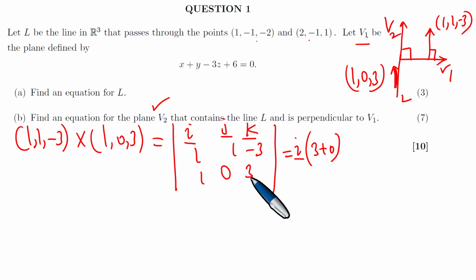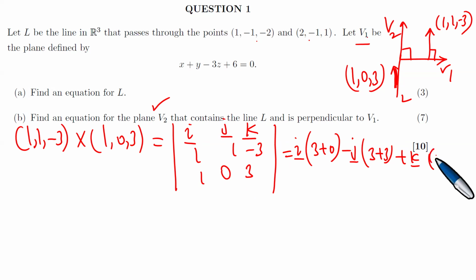Then minus, unit vector j: you block this, and that is 1 by 3, which is 3, plus 3. Then plus the unit vector k: block this first row and this column, and we have 1 by 0, which is 0, minus 1.